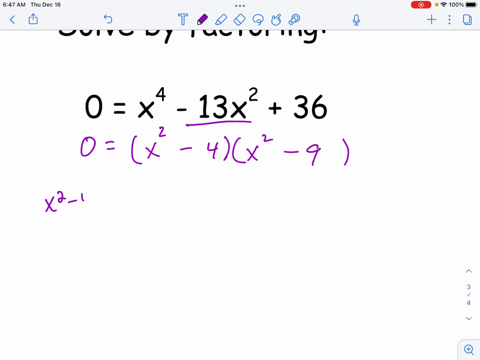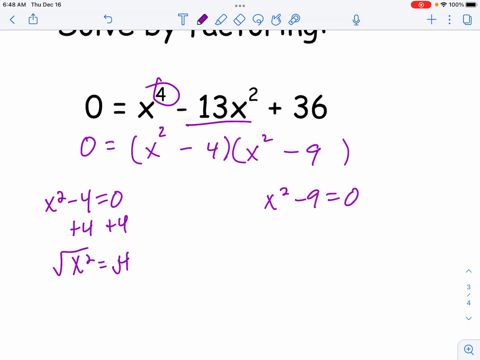So then it's just like other factorings. We do x squared minus 4 equals 0. X squared minus 9 equals 0. We solve those two. We should get 4 answers because we're dealing with an x to the fourth equation. So plus 4 over here. X squared equals 4. Square root both sides, and we get x equals positive or negative 2.